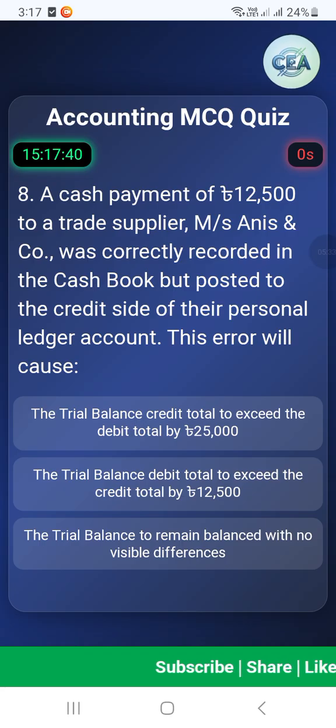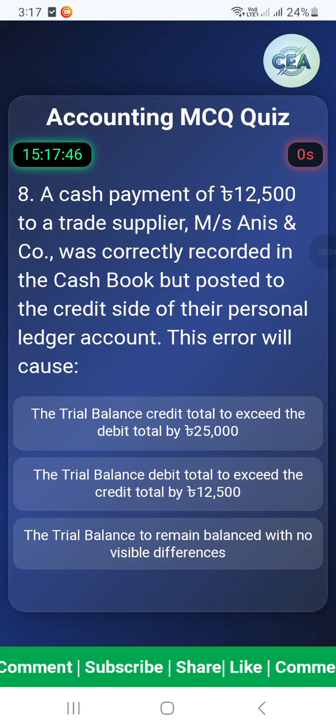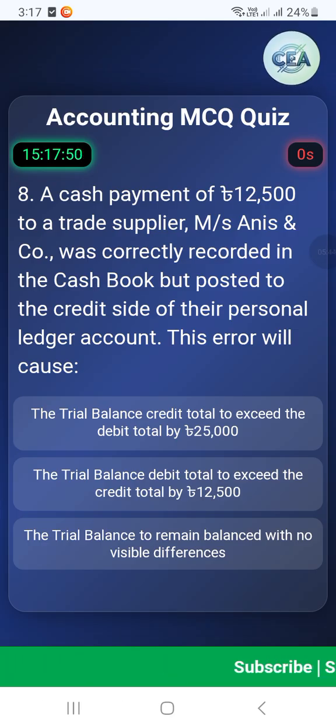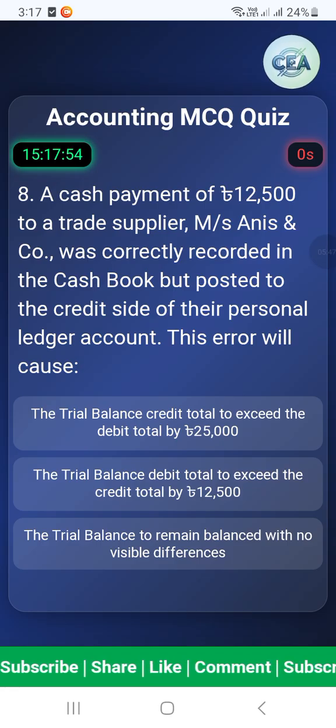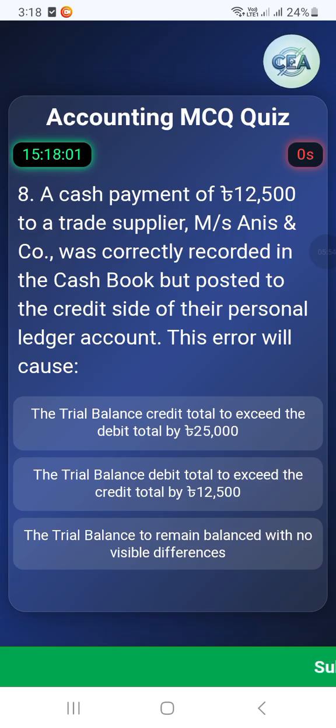8. A cash payment of 12,500 takas to a trade supplier, M.S. Anise & Company, was correctly recorded in the cash book but posted to the credit side of their personal ledger account. This error will cause: Option 1. The trial balance credit total to exceed the debit total by 25,000 takas. Option 2.